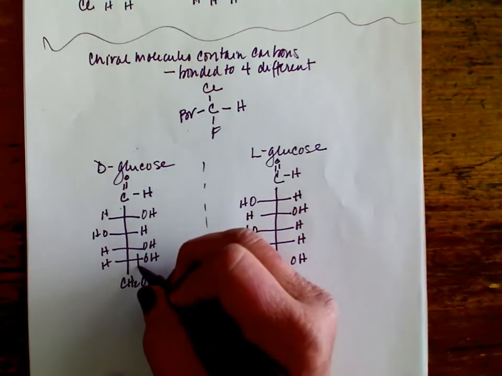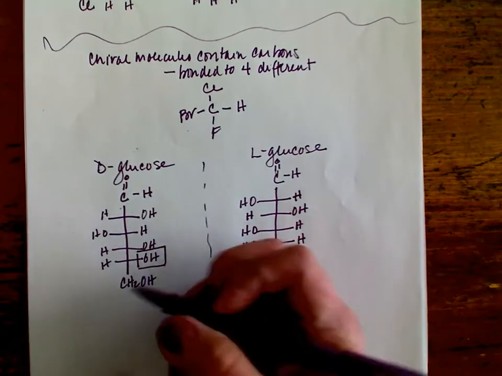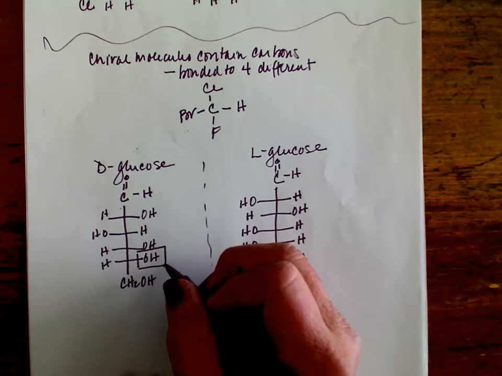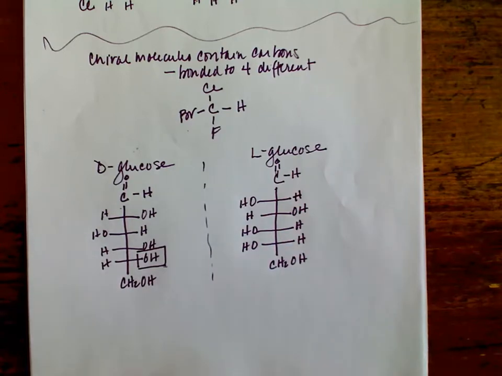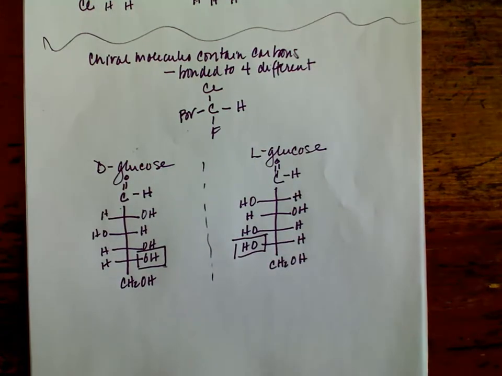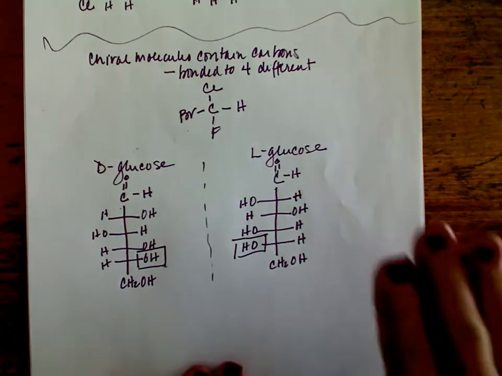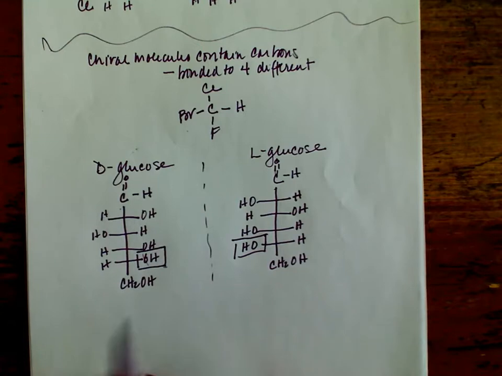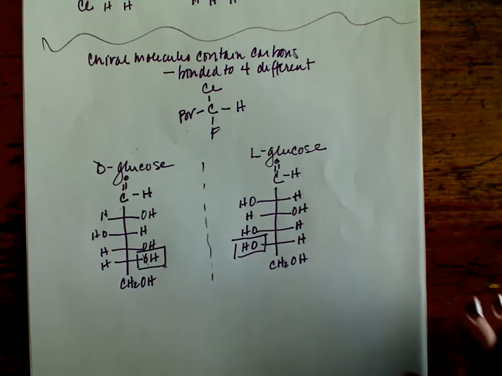Remember, the D comes from the side of the chain that hydroxyl group is on, and in the case of glucose, it's on that fifth carbon. Okay? So enantiomers are not superimposable. So I can't slide this molecule over D-glucose and line up these side groups here. Okay. So these are enantiomers of one another.